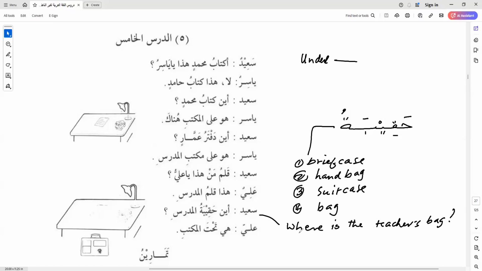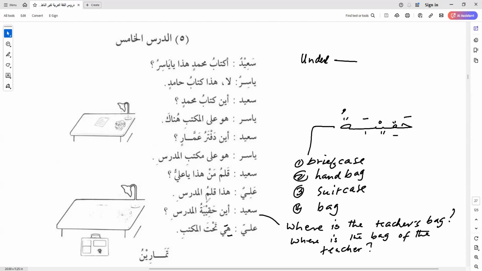Or if you will, where is the bag of the teacher? Some grammarians don't like that; it sounds kind of clumsy. Where is the teacher's bag? Or where is the bag of the teacher? And then Ali answers, here.